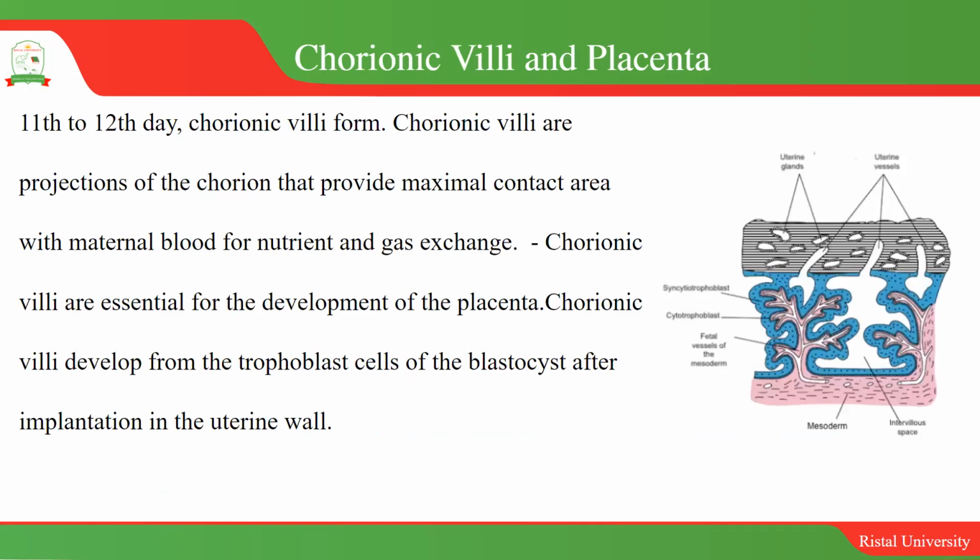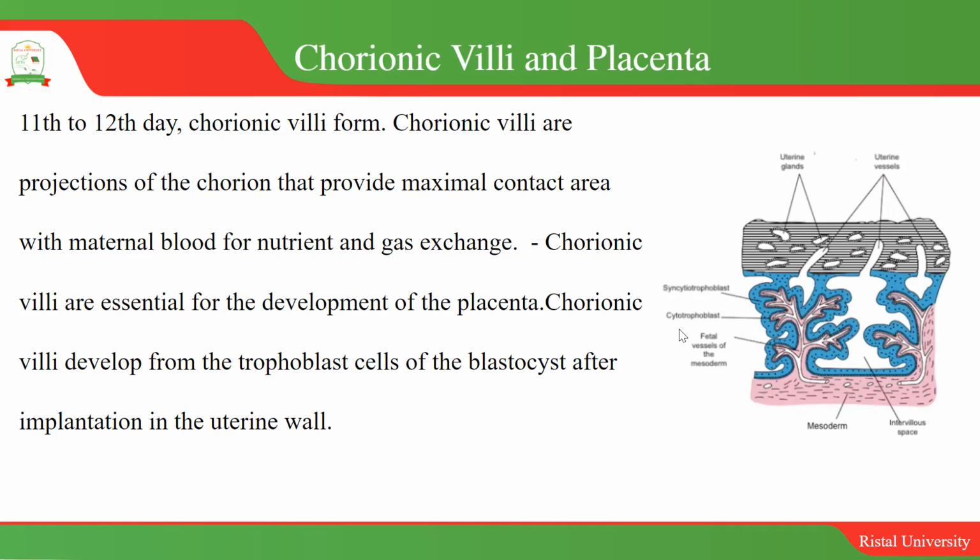So we look at the chorionic villi and the placenta. Around the 11th to the 12th day, you have chorionic villi being formed. Okay, the chorionic villi are just projections of the chorion that provide maximum contact with maternal blood for nutrients and gaseous exchange. So those projections that you see, the ones we are calling the chorionic villi, are also very important to the roles of the placenta.